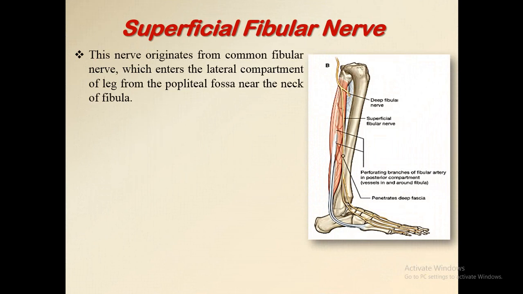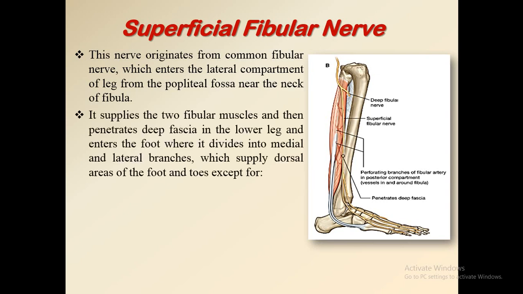The common fibular nerve, after leaving the popliteal fossa and reaching the lateral compartment of the leg near the neck of fibula, is in contact with the neck of fibula. Then it divides into two branches. The first is the deep fibular nerve, which reaches the anterior compartment, and the second stays in the lateral compartment and is the superficial fibular nerve. It supplies the two muscles fibularis longus and fibularis brevis, then divides into two branches superficially.